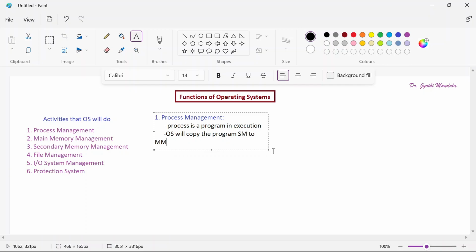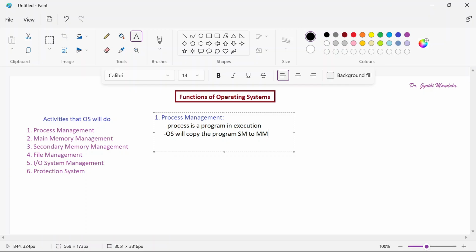This is what we know, because whatever the CPU wants to execute should be available in the main memory. So the program available in the secondary memory should be copied into the main memory, and once it is copied, the CPU will execute that program, and that executing program is referred to as a process. Got it, all of you? The CPU will be accessing only the main memory. That is what you need to understand.